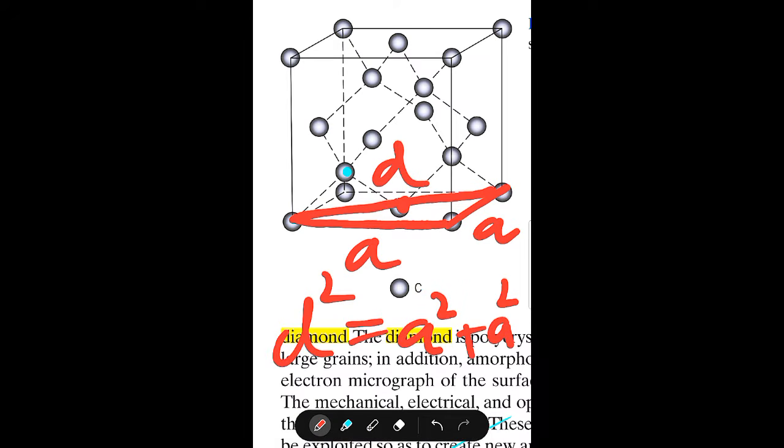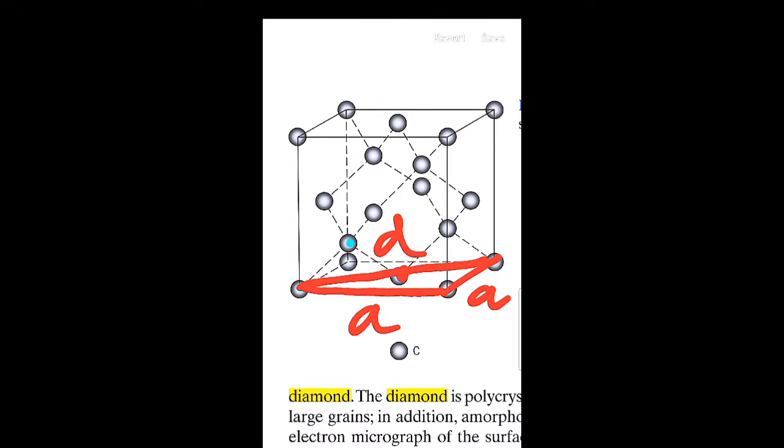Hence D squared equals 2A squared, and D equals root 2 times A. So this total length is root 2 A, and since we want only half of it, because that is the part of the triangle, I'll divide it in half. D by 2 is the C that we wanted, and C equals root 2 by 2 times A.